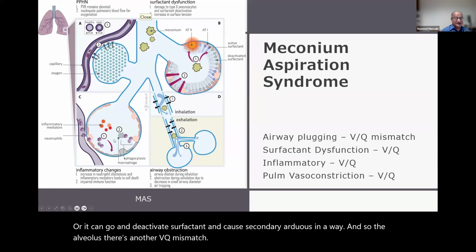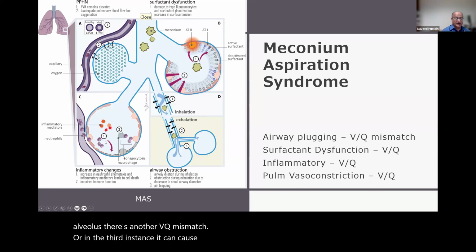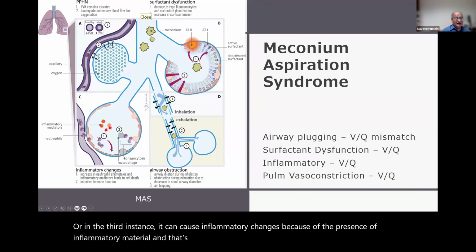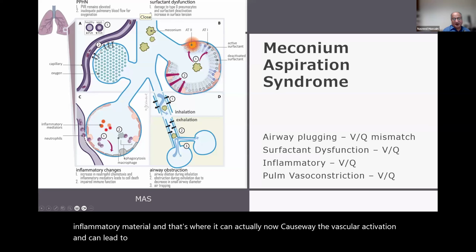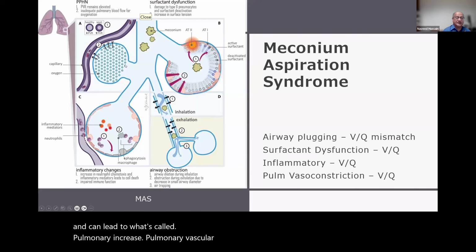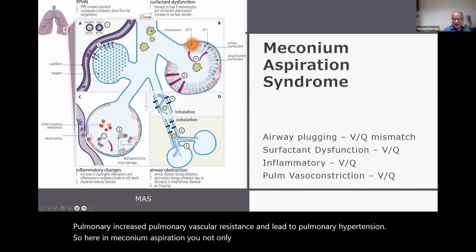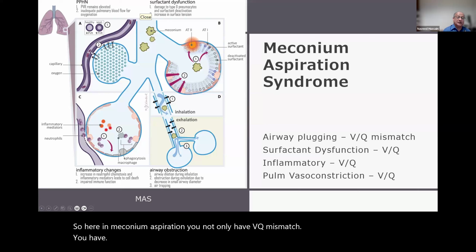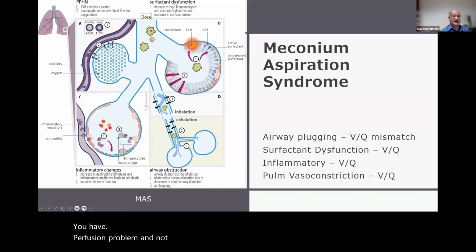Or in the third instance, it can cause inflammatory changes because of the presence of inflammatory material, and that's where it can cause vascular activation and lead to increased pulmonary vascular resistance and pulmonary hypertension. So in meconium aspiration, you not only have VQ mismatch, you sometimes have a perfusion problem, not a ventilation problem, or a combination of all these things.